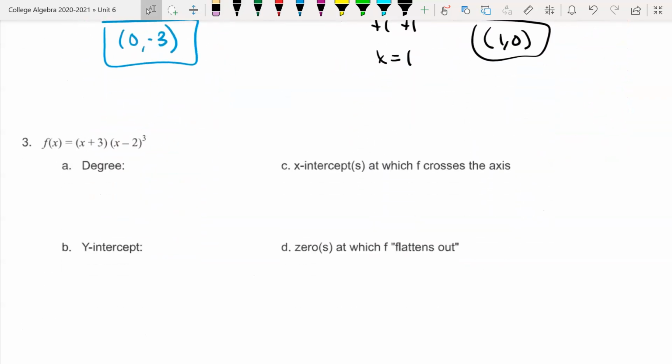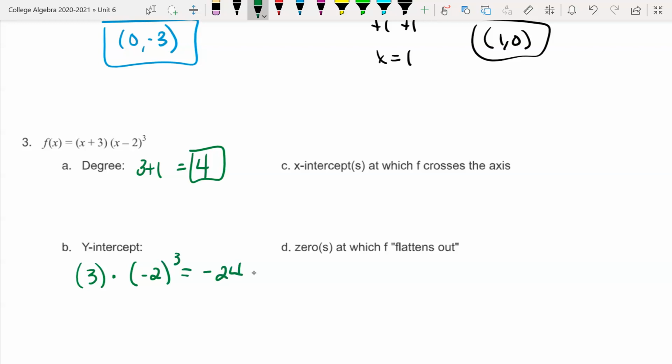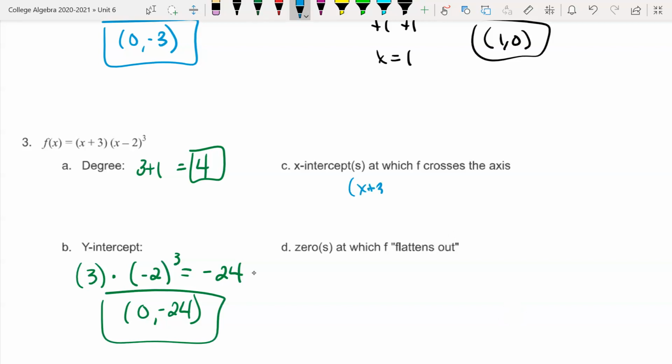So next one, degree. Add the exponents. 3 plus 1, my degree is 4. My y-intercept, I would take 3 times negative 2 to the third, which is negative 24. You write it as a coordinate. X-intercepts when it crosses the x-axis. It's got to be odd. Well, both of these are odd. So I set them equal to 0 and I solve them.